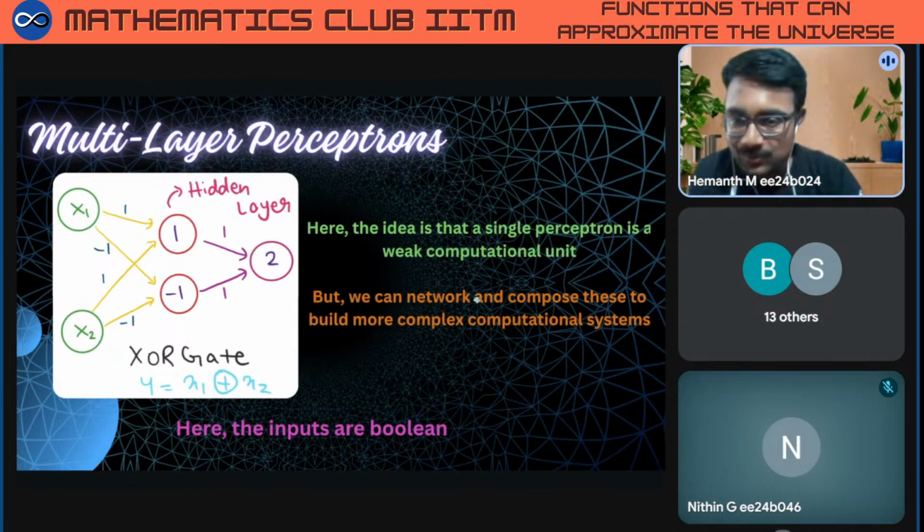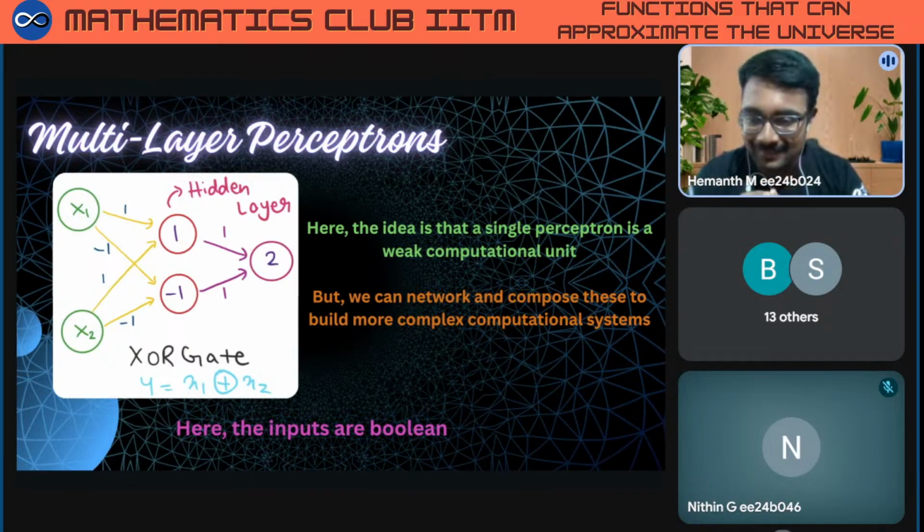So the moral of the story is that one single perceptron is a weak computational unit. It cannot do very complex tasks, but we can achieve complex computational systems by networking these and connecting them in an appropriate fashion.